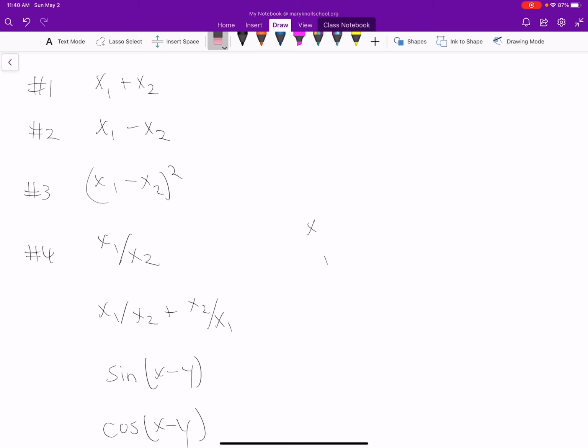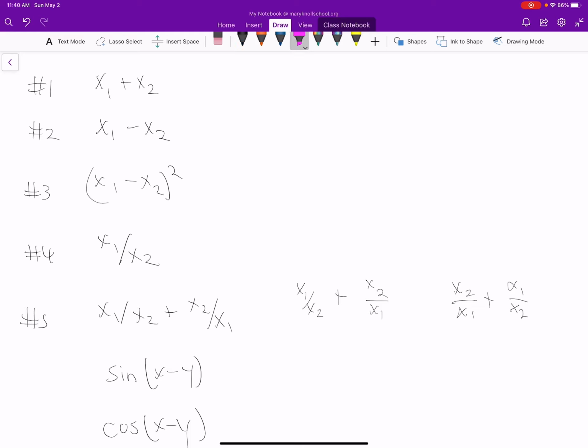All right, next one. So we are now looking at number 5. In this case, there's only one distinct variant, because x1 divided by x2 plus x2 divided by x1, well, that's the distinct variant. But if we switch the x1s and the x2s, then we get x2 over x1 plus x1 over x2.